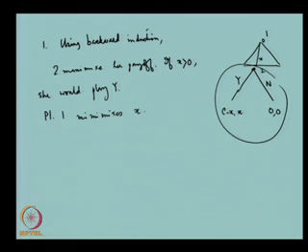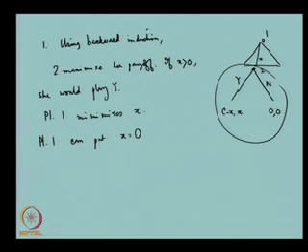Now, if player 1 minimizes x, then to what extent he can reduce x? Player 1 can put x equal to 0. That is possible.